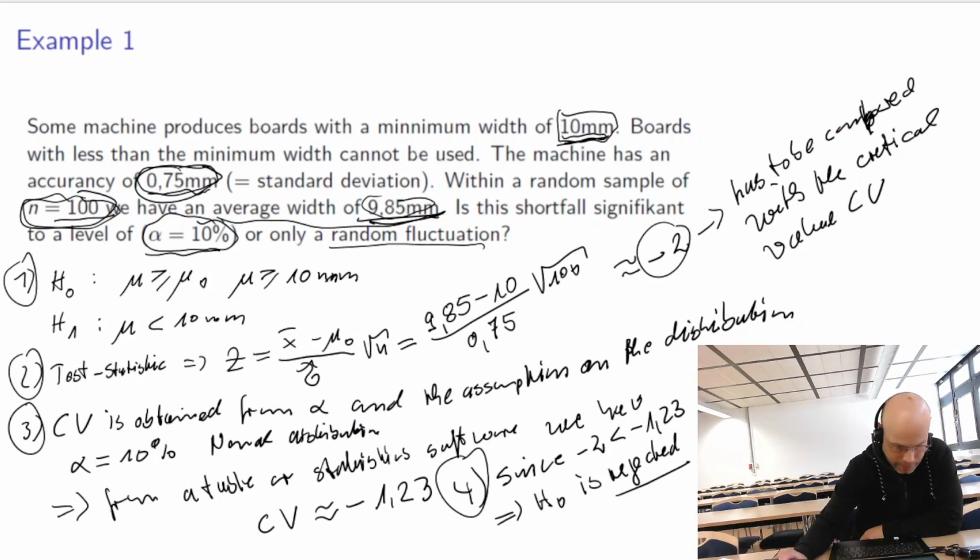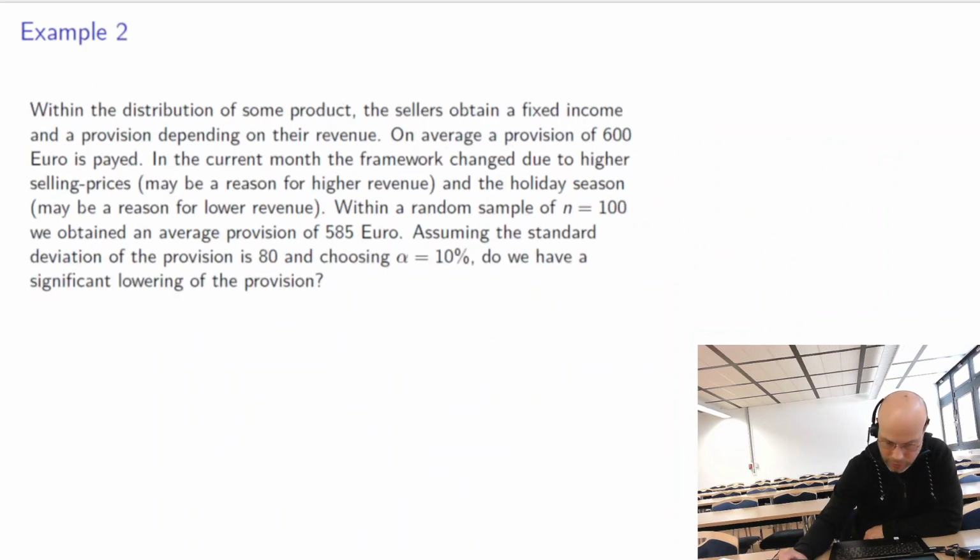Okay, then let's go to the next example. Within the distribution of some product, the sellers obtain a fixed income and a provision depending on their revenue. On average, a provision of 600 euro is paid. In the current month, the framework changed due to higher selling prices.